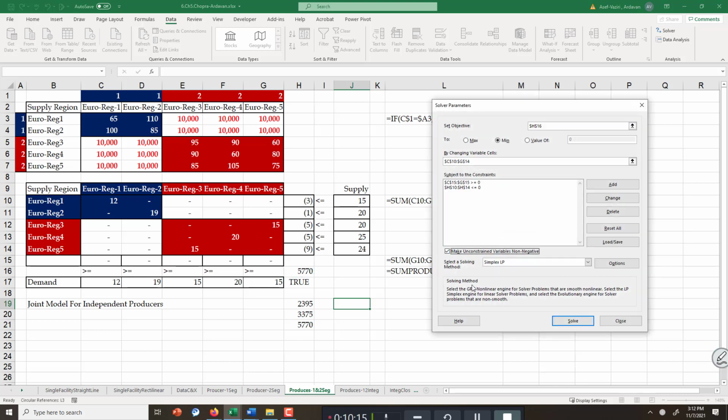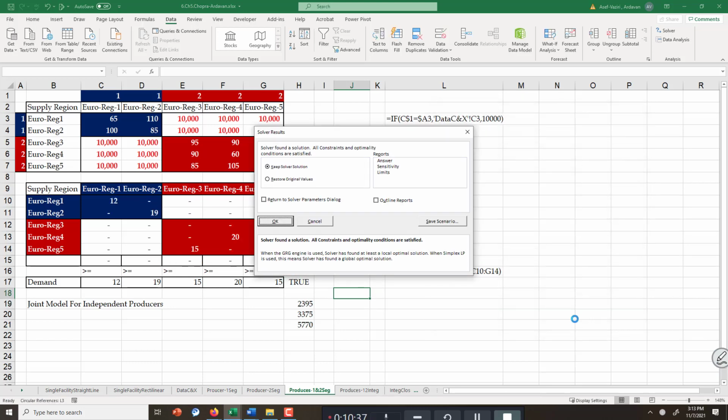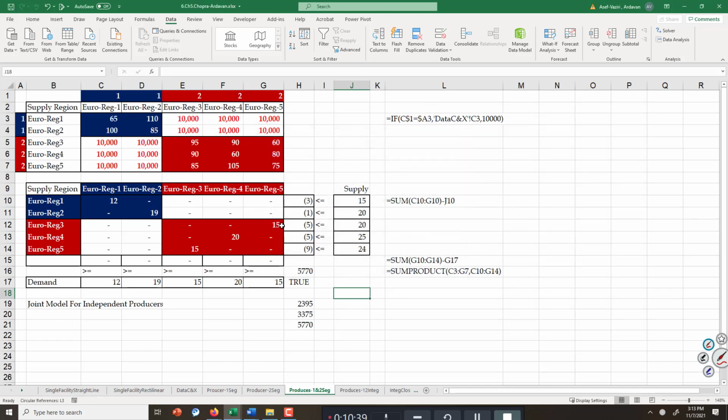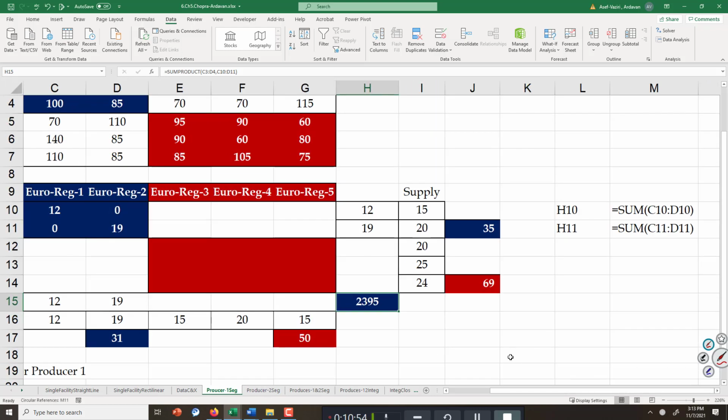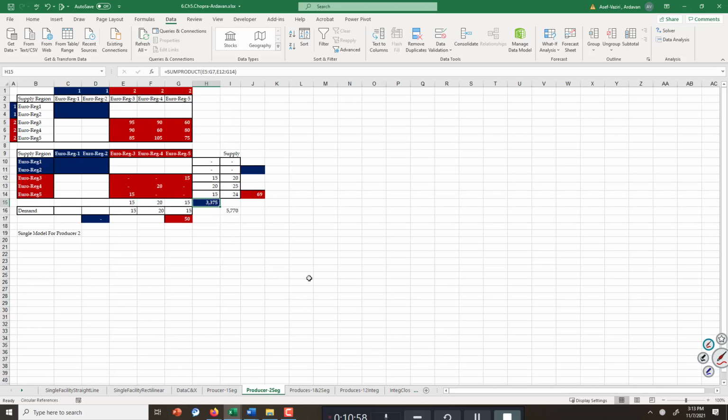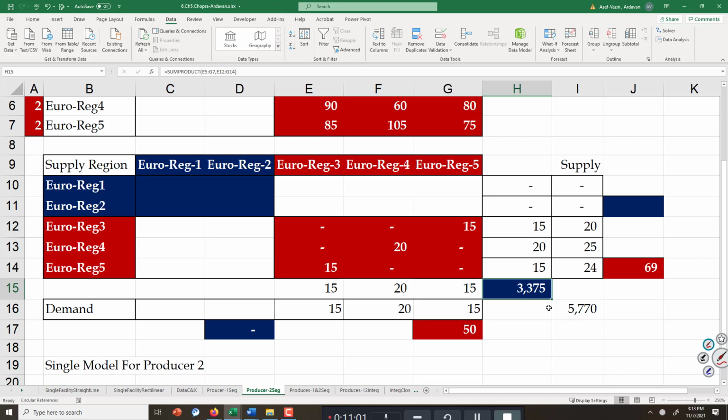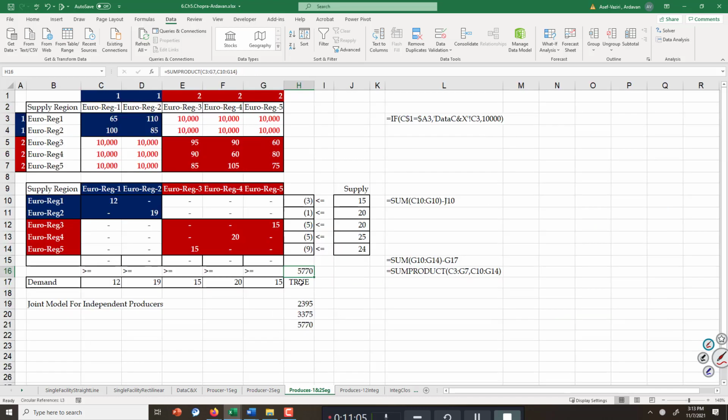All decision variables need to be greater than or equal to 0. Simplex sum. And this is what we found as summation of the objective function of the two problems when we solve them separately. 5770, and this is aggregated problem.